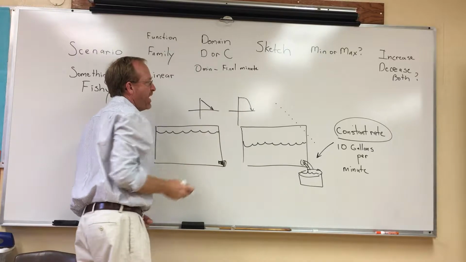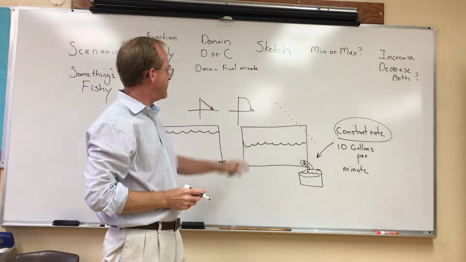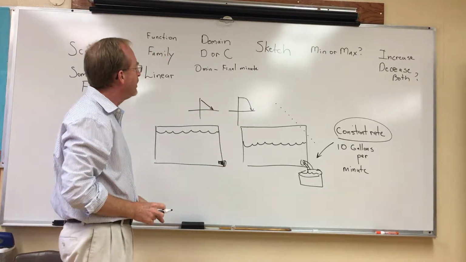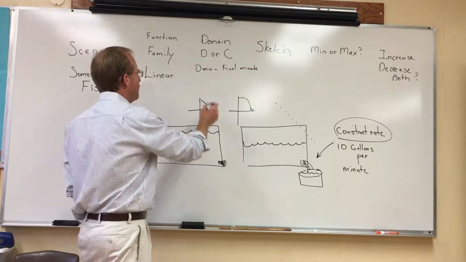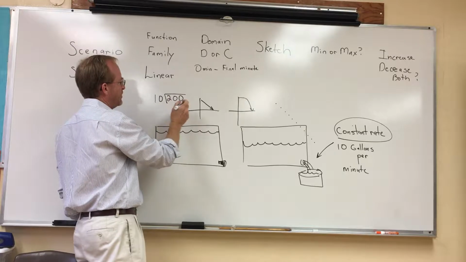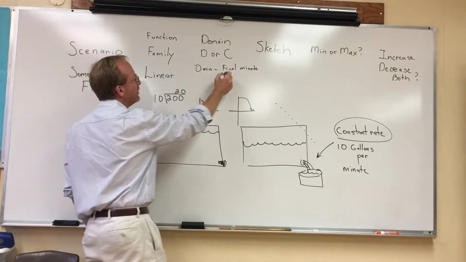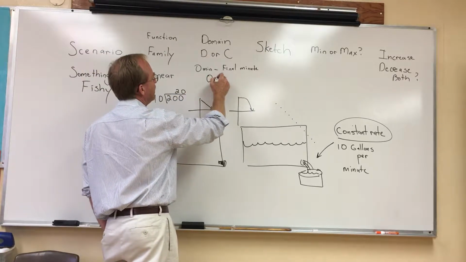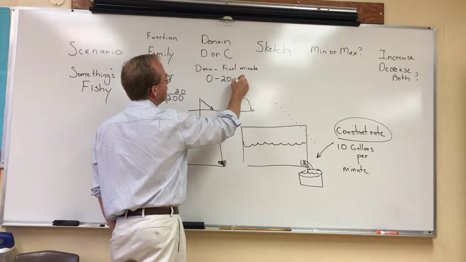If we actually did the math, we would be able to figure out how many minutes it takes for this tank to empty out. So actually we could do that real quick. It's a 200-gallon tank. It's draining out at 10 gallons per minute, 20 minutes. So our domain is 0 to 20 minutes.